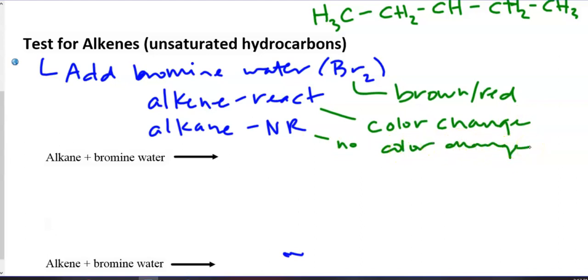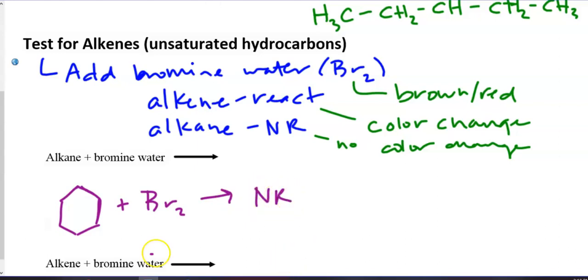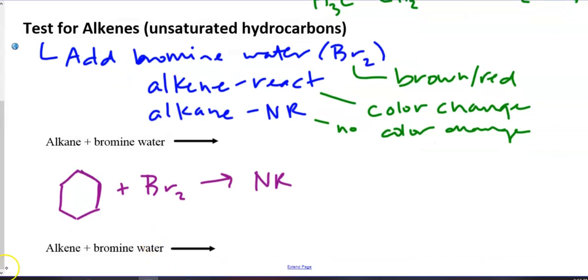For example, let's say we just have cyclohexane, all single bonds. We add bromine water to this. This Br2 is that brown red. This is going to be no reaction, because we don't have any double bonds to break up where the bromine can go. There's nowhere for it to go.